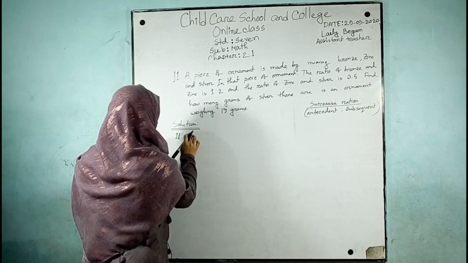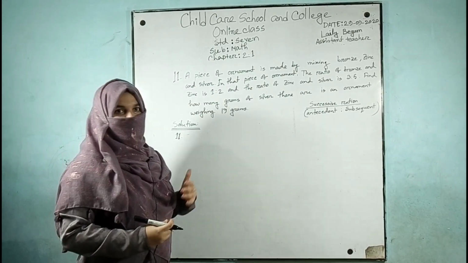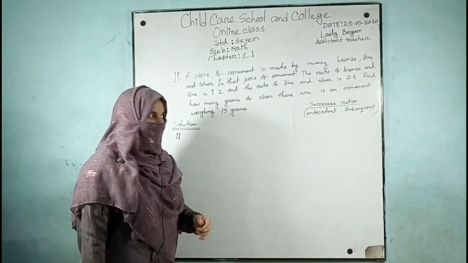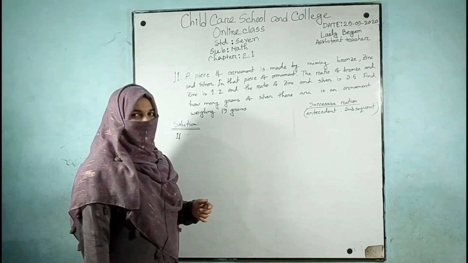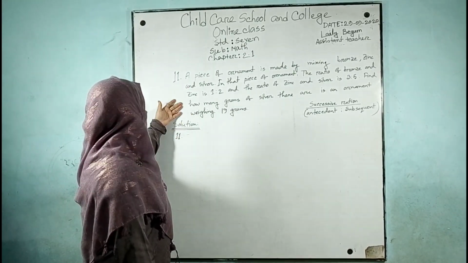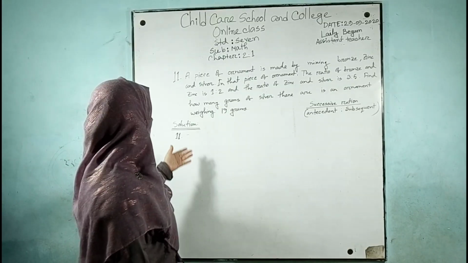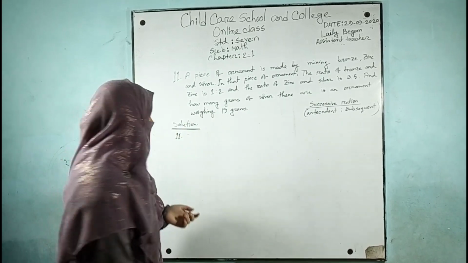Now, to solve this question, we use what we discussed about successive ratio. Here are two parts: antecedent and subsequent. This question is related to successive ratio. At first, we find the successive ratio of bronze, zinc and silver.